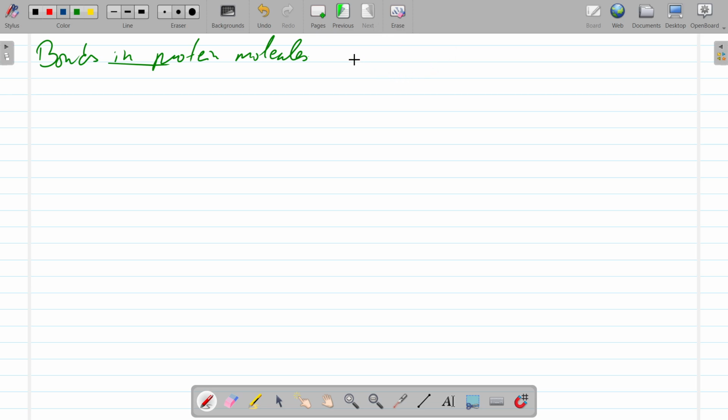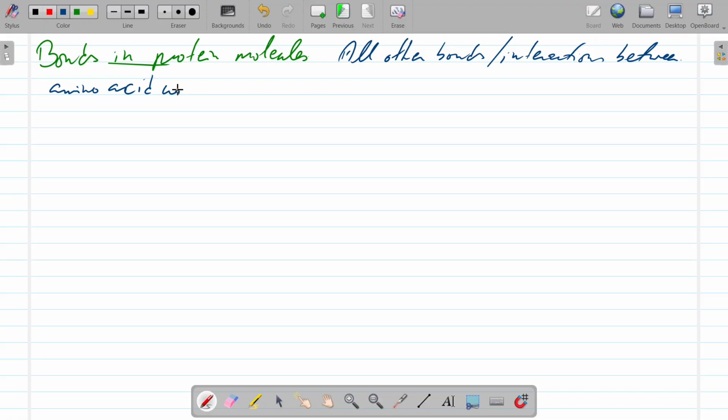This is referring to all the other bonds or interactions between amino acid units. And these could involve the amine and the carboxyl groups, and the R groups. So these are the three players.